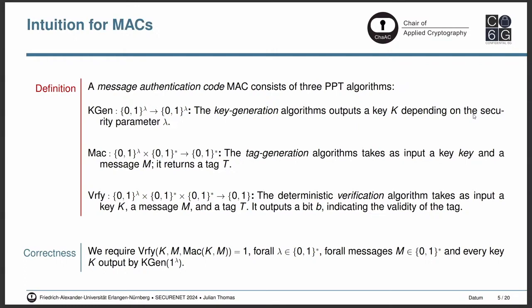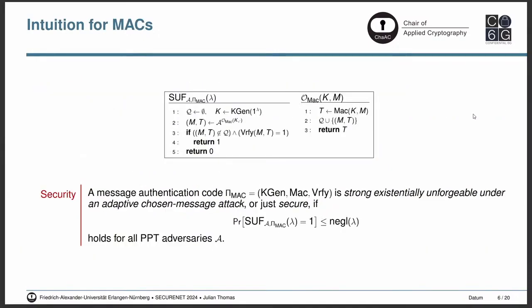We also want our schemes to be correct, so if we compute a MAC, we also want the verification of our tag and message to succeed. We use canonical verification since we just recompute our MACs here. And for security, we consider a very strong security definition, the strong existential unforgeability experiment.